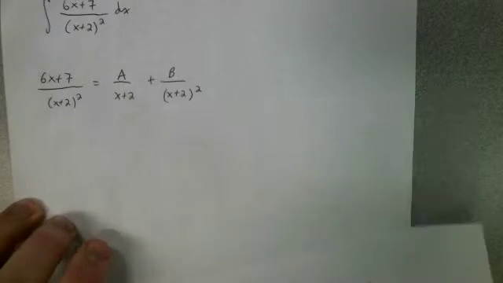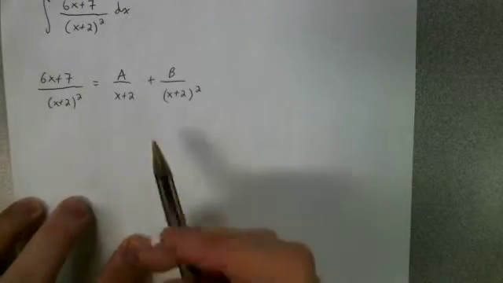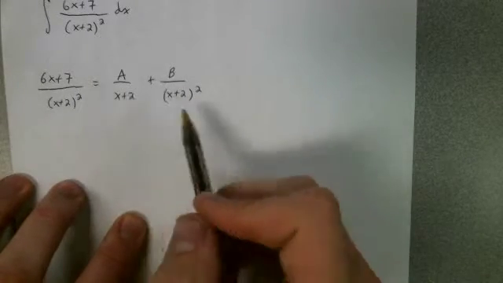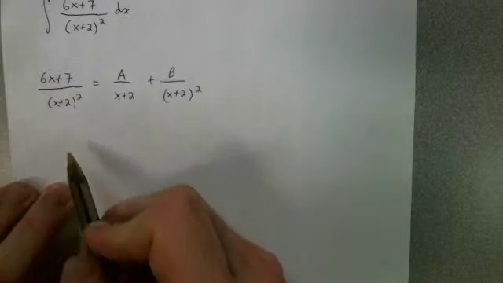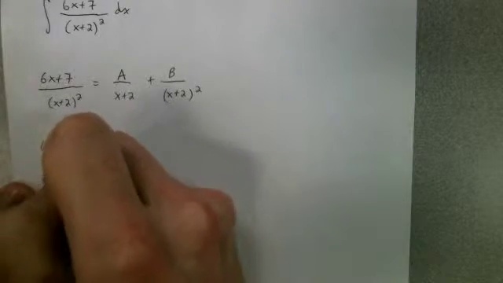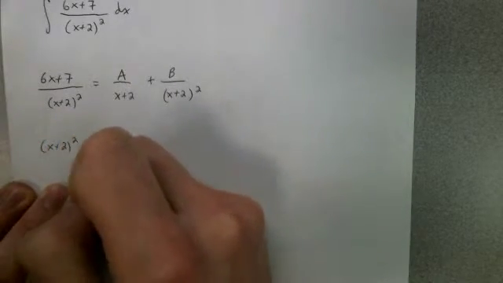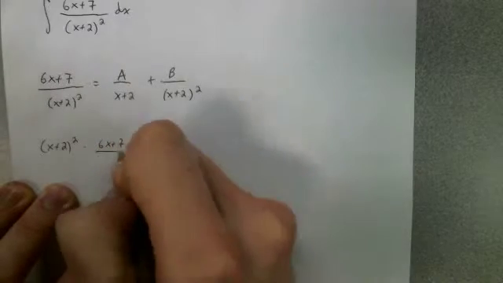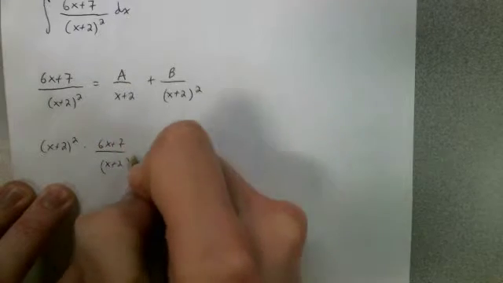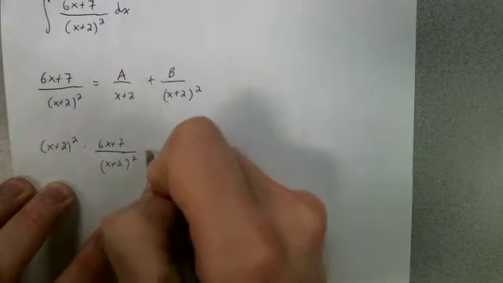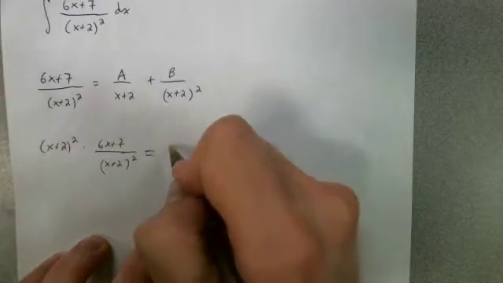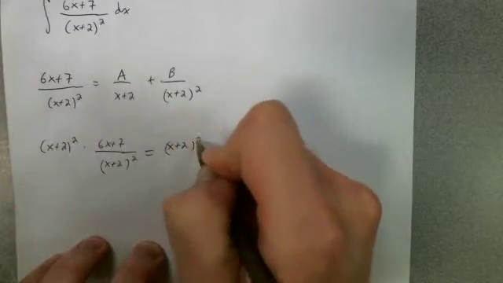All right, so we want to solve for A and B here. So I'm going to multiply both sides by (x + 2) squared. Multiply the left side. All right, multiply the right side. Got to distribute.